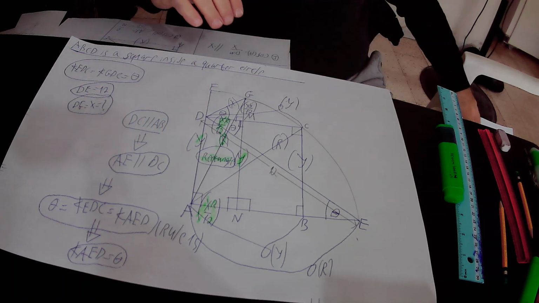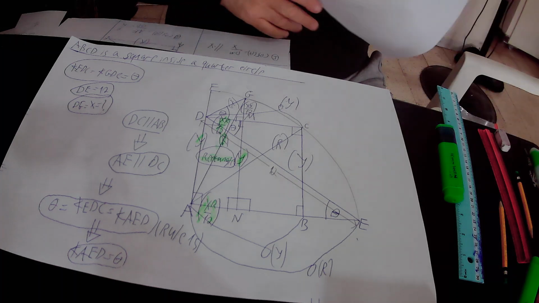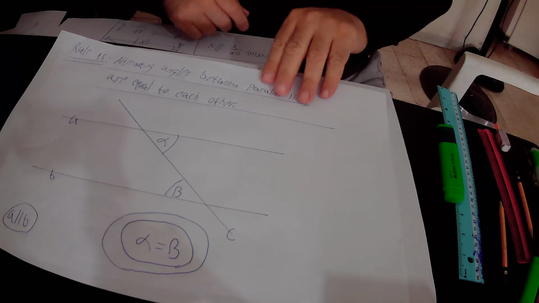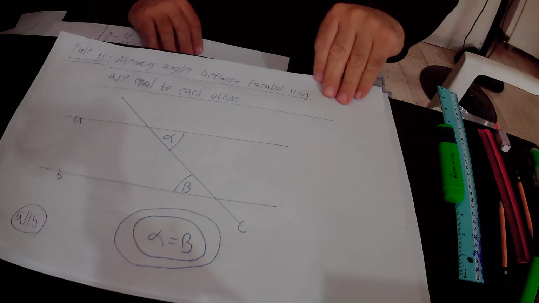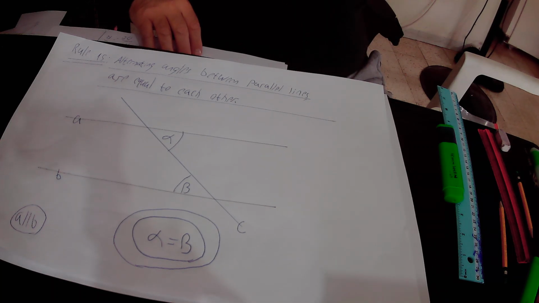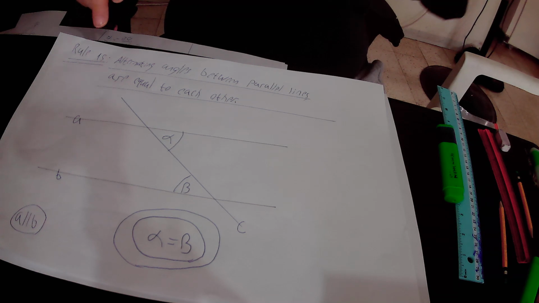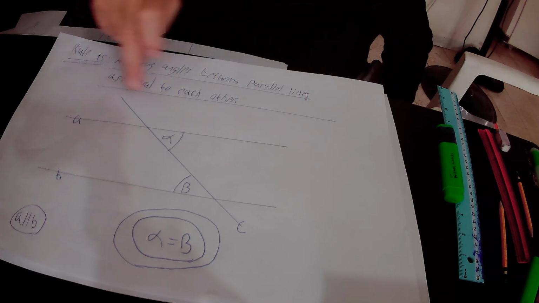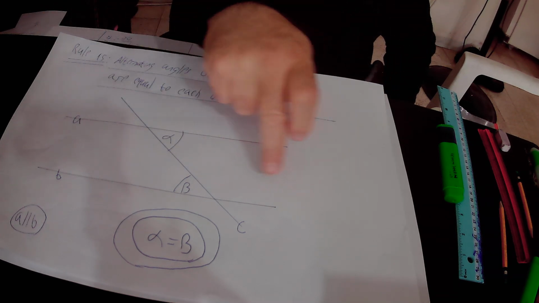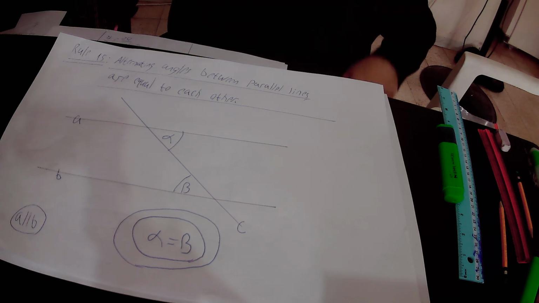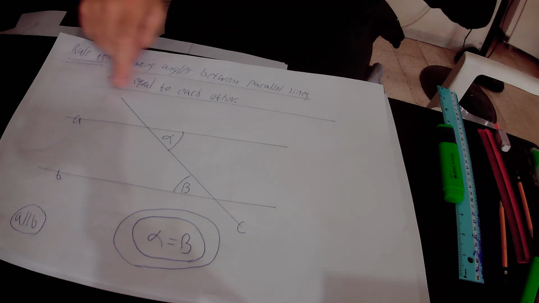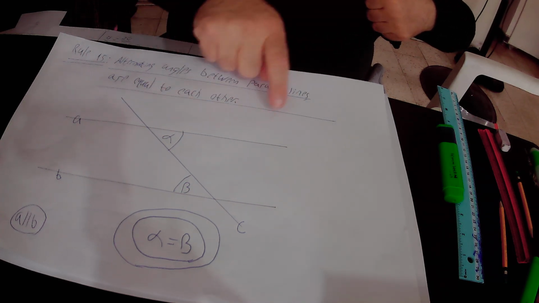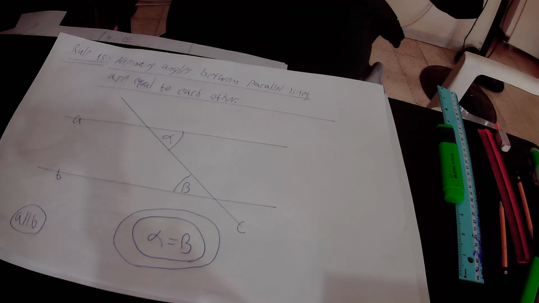Here we can implement rule 15. Repeating quickly on rule 15: according to rule 15, alternating angles between parallel lines are equal to each other. So we have in the drawing line A that is parallel to line B. In addition, we have two angles that are defined as alternating angles, located between the parallel lines A and B, and therefore they are equal to each other.